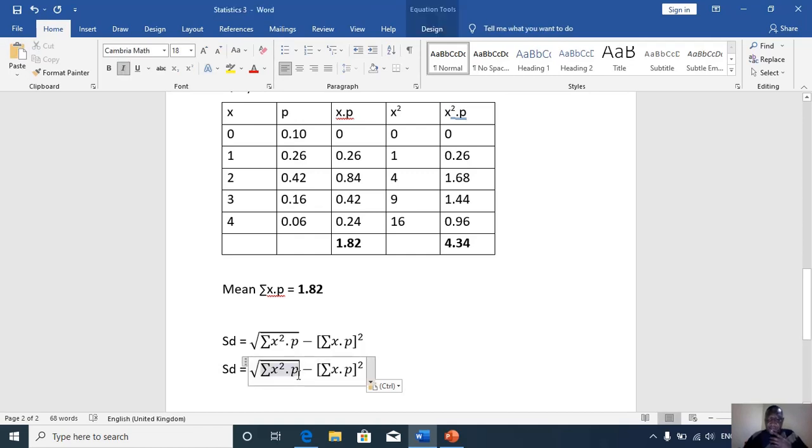Summation x squared multiplied by p, the value is 4.34, minus summation xp squared.